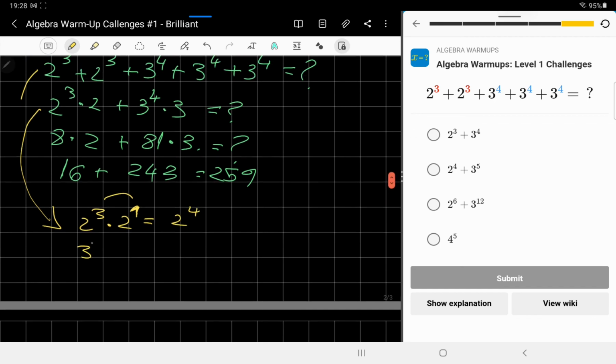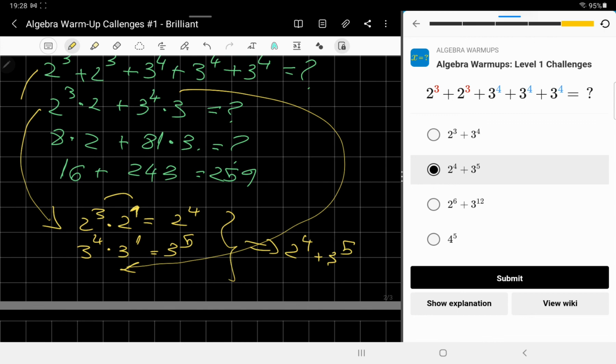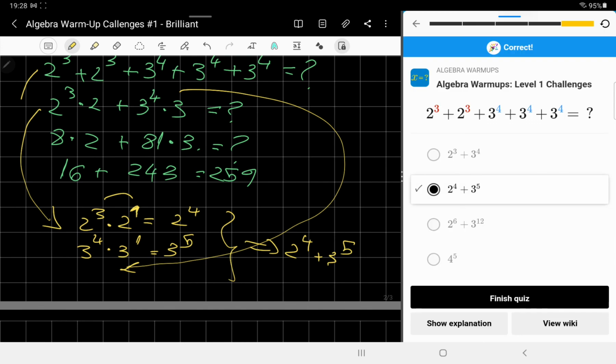And 3 to the power of 4 times 3 to the power of 1 is 3 to the power of 5. Therefore, what we have there is 2 to the power of 4 plus 3 to the power of 5. And there you go.